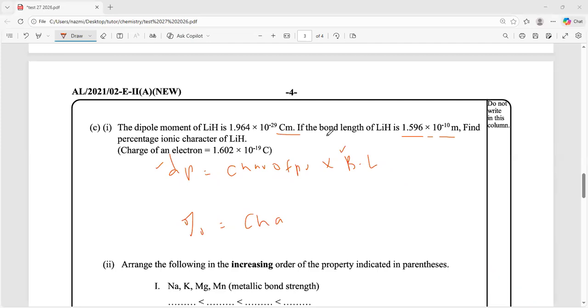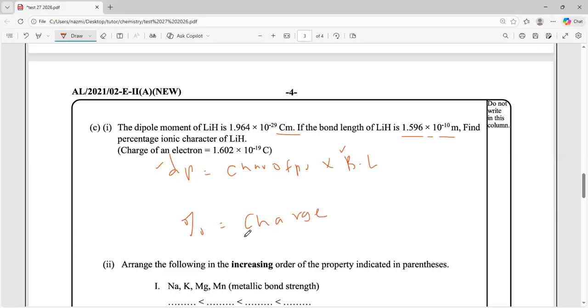So first you have to substitute and find the charge of the pole, or partial charge of the molecule. Then the charge of that over the charge of the electron, into 100%, will give you the percentage ionic character.